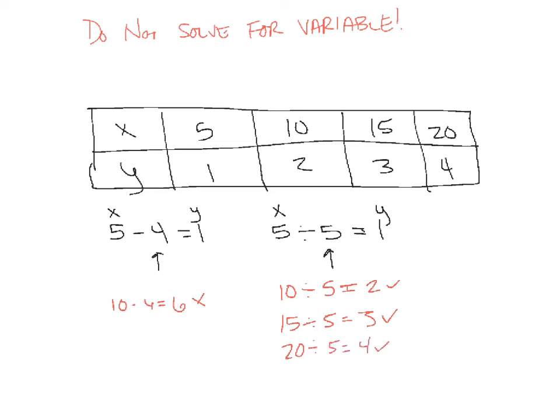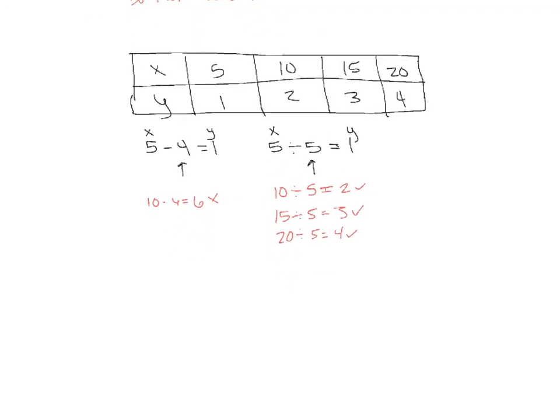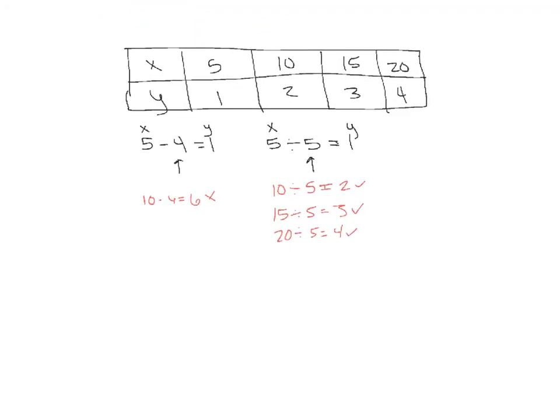That one checks out. So, in order to write our relationship as an equation, we know we have to take x and divide it by 5, and that will give us our y. We can write that also as y equals x divided by 5, or you can even write it as y equals x over 5. It really just honestly depends on which way you like to write that.